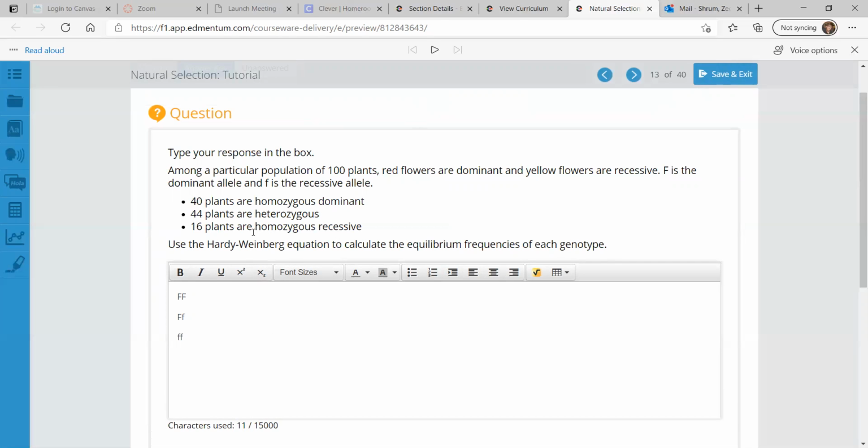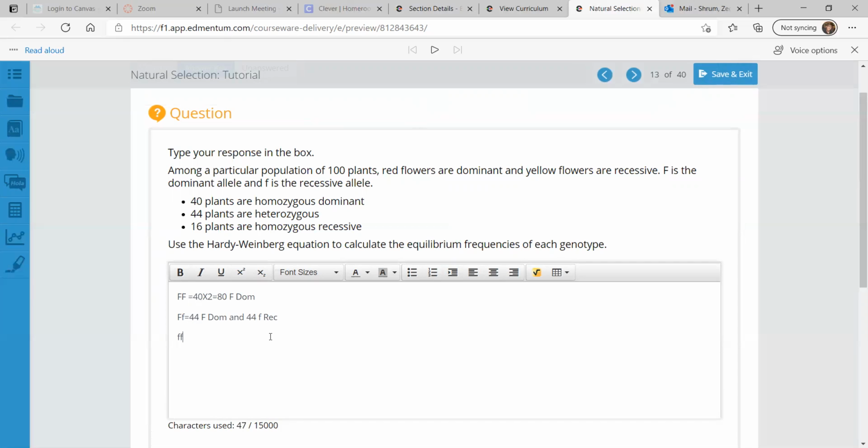Now we're going to use that equation to calculate the equilibrium frequencies of each genotype. So 40 times 2 will give us 80 dominant alleles. Then we have 44 F and 44 f recessive.